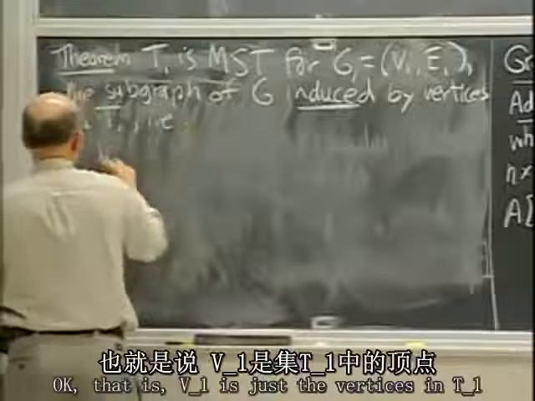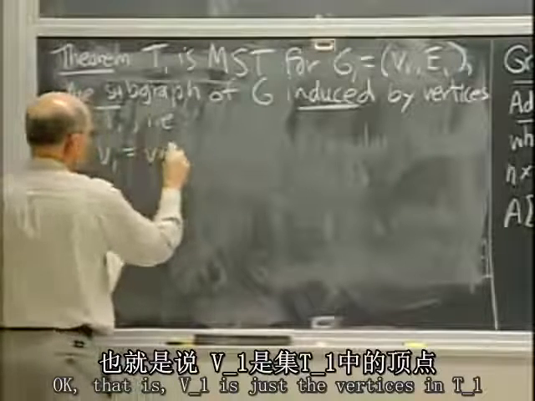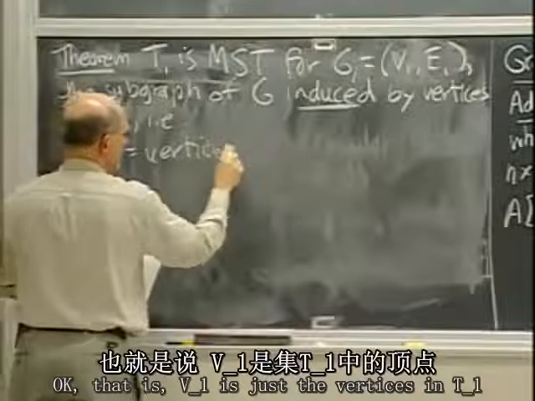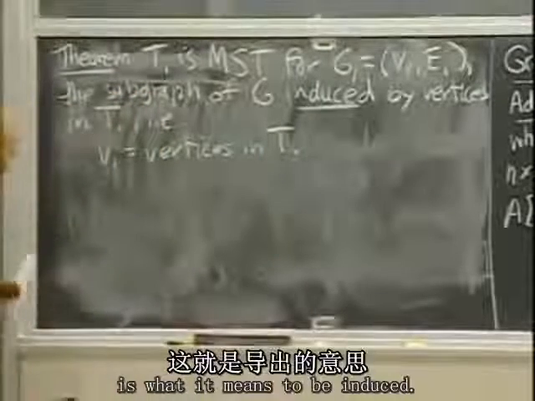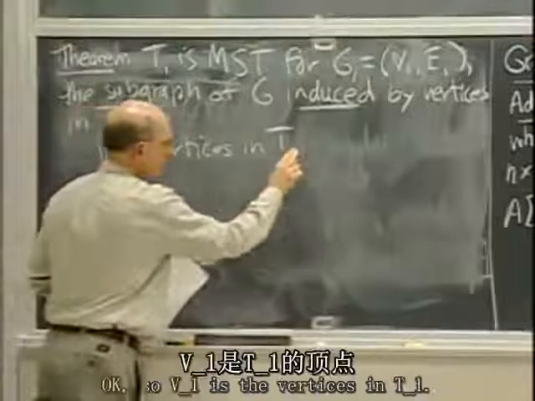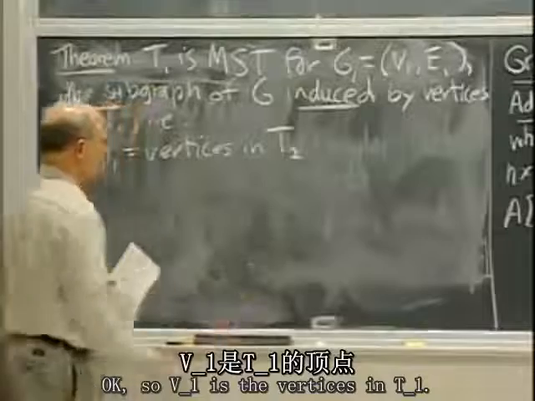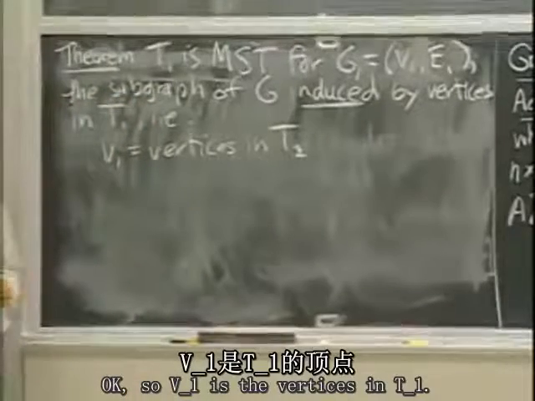Okay, that is, V1 is just the vertices in T1. This is what it means to be induced. Okay, so V1 is the vertices in T1.